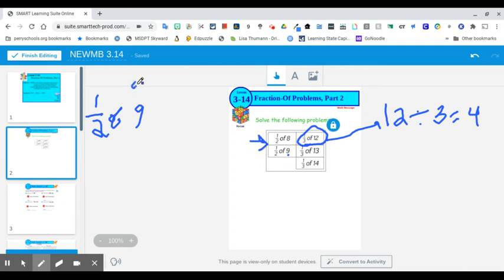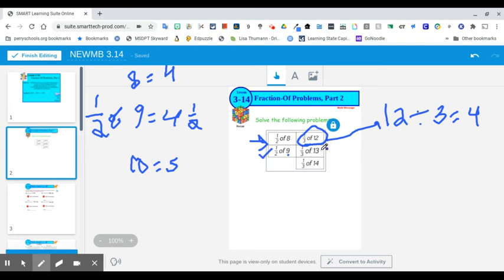This is where benchmarks really help. Half of 8 is 4, and half of 10 is 5. So what would be in between there? What would be half of 9? Well, that would be 4 and a half, or 9 halves.